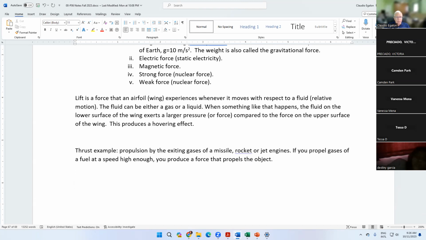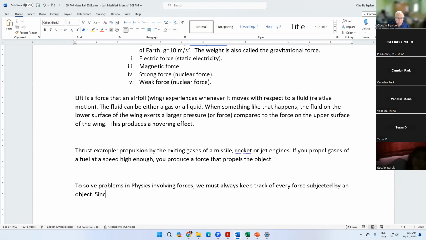Okay, and to solve problems in physics involving forces, we must always keep track of every force subjected by an object.